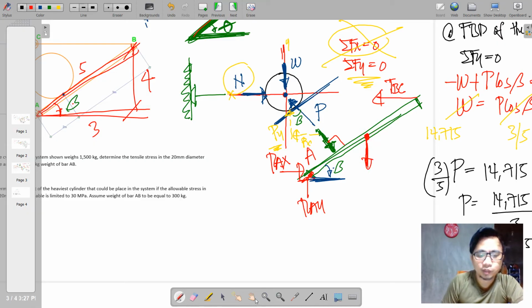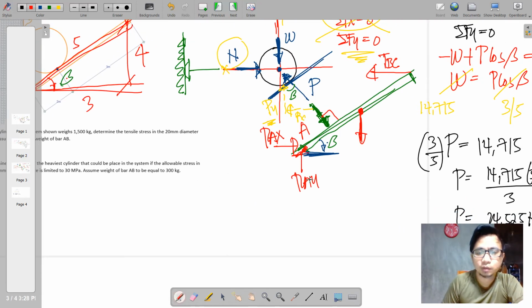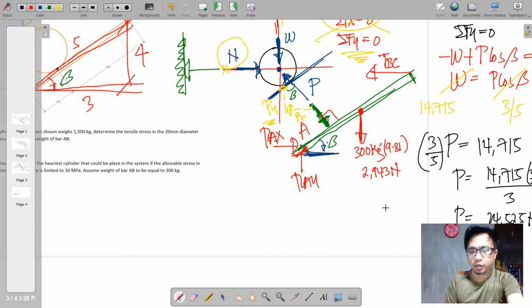That is equivalent, according to the problem, to 300 kilograms. Again, we multiply it by 9.81 to make it a force. Then we have 2,943 newtons.